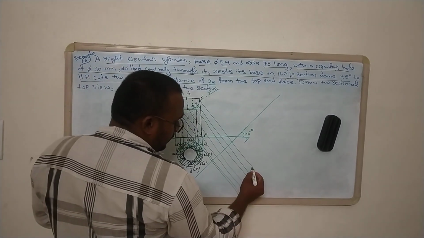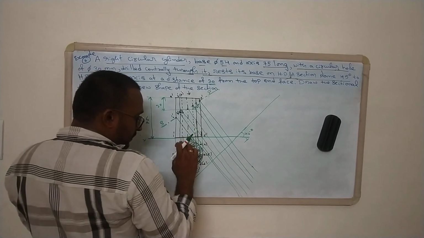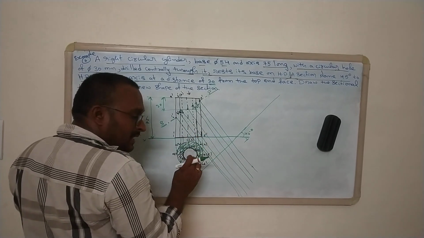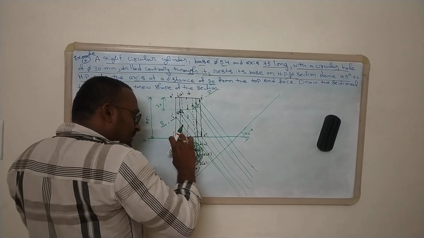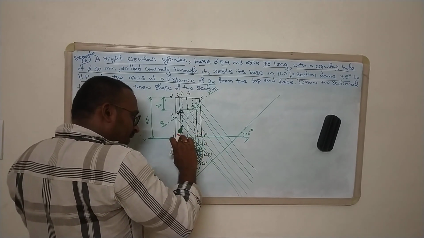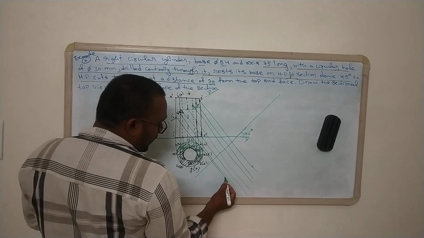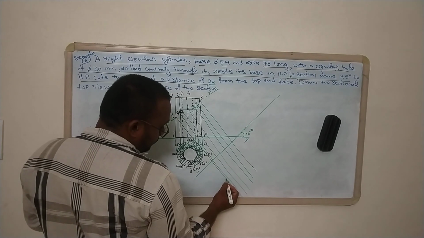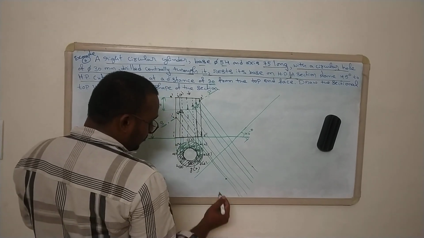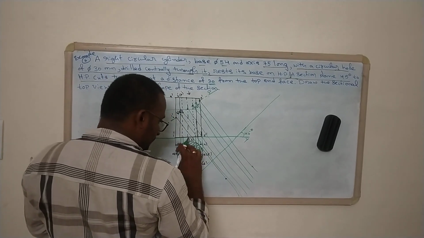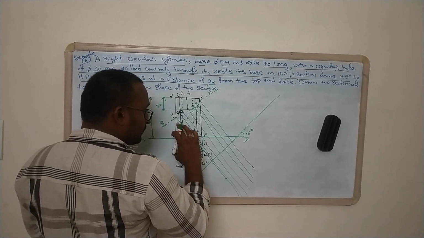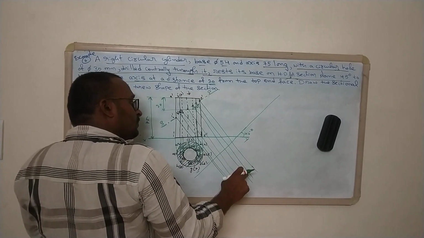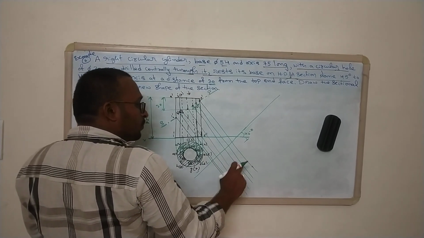Then take the distances from the center axis. I have already explained about auxiliary views. So take the distance from the center axis, the XY axis, to the point A and mark the point A, and then B. So we are going to project from the front view, and then you will get the view.